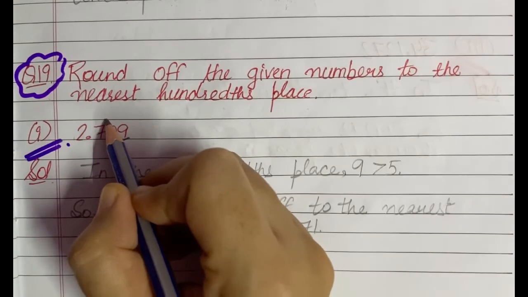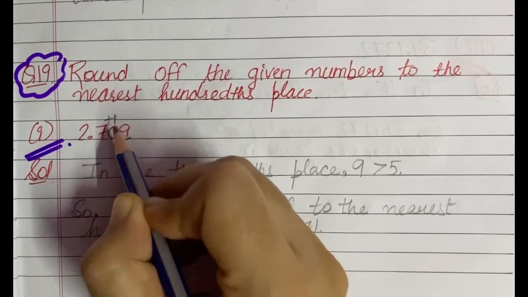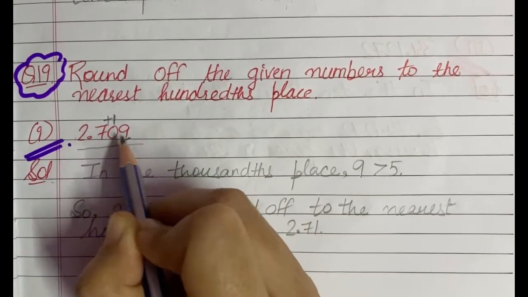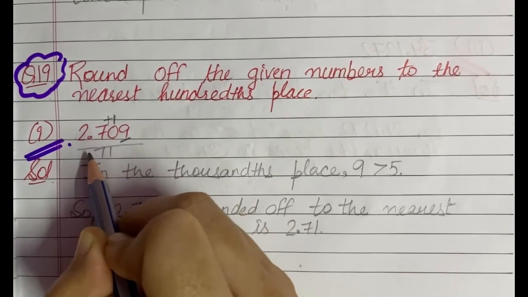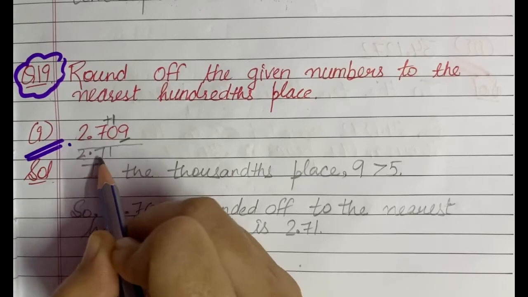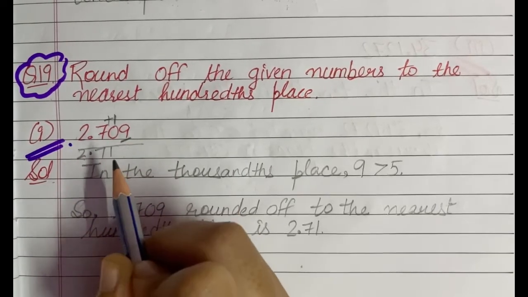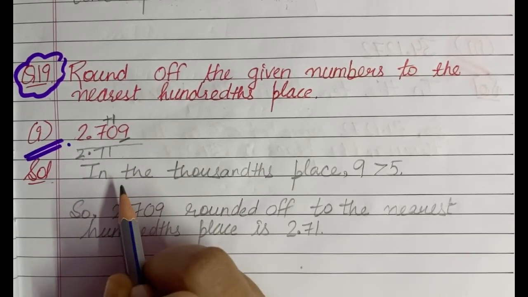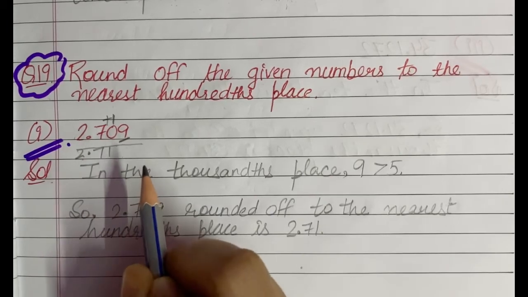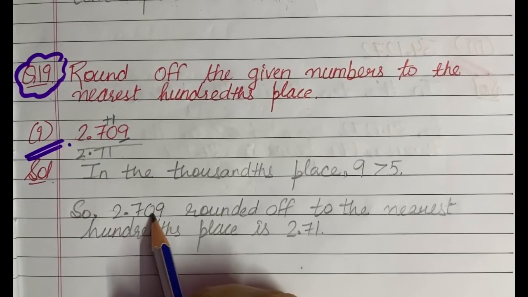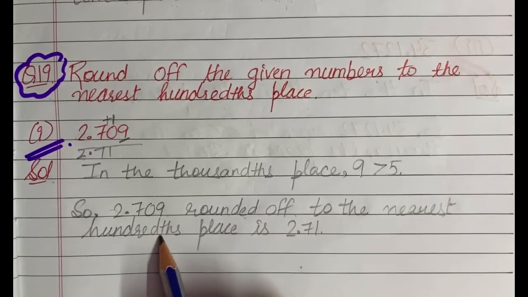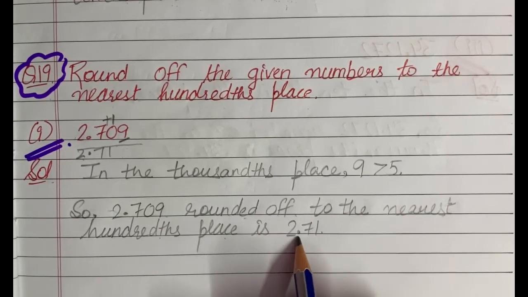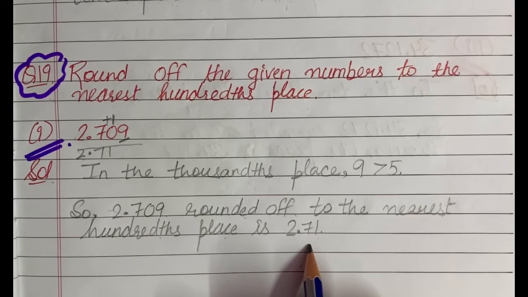That means we will add 1 to this 0, and on adding 1 to this 0 we will get 1, 7 as it is, decimal 2, 2.71, and we will not write the remaining digits to the right of the rounding off place. So 2.709 rounded off to the nearest hundredths place is 2.71. Hopefully it is clear to you.